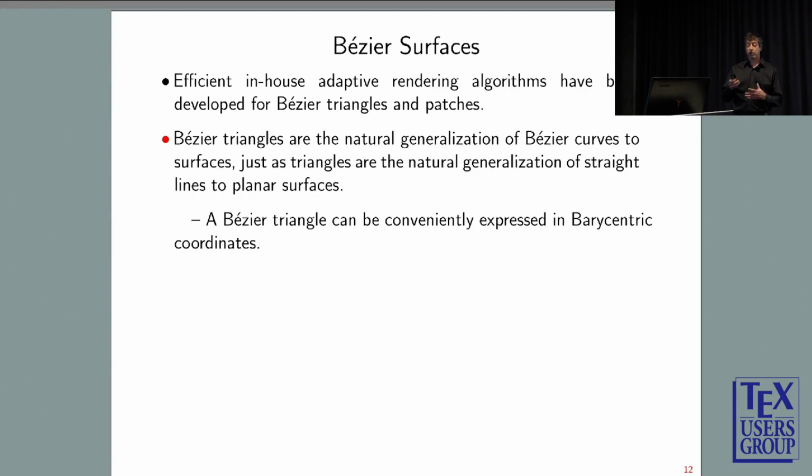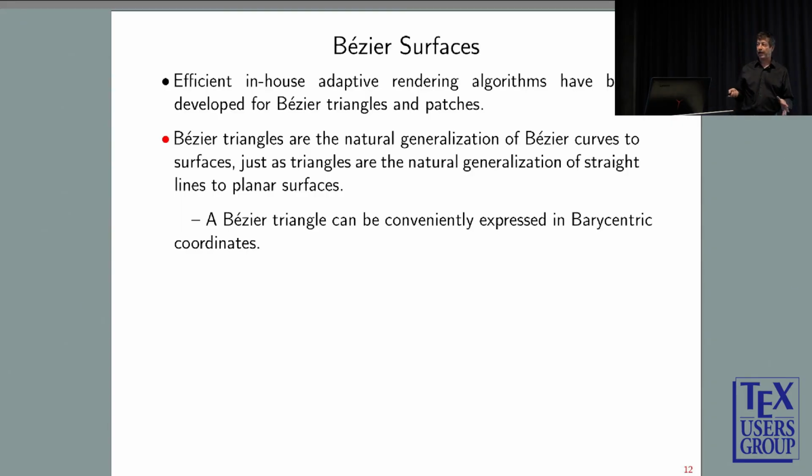The Bezier triangles are curved, and they also have one interior control point that you can use to lift the interior up or down a little bit. So they have a total of 10 control points. A Bezier triangle can be conveniently expressed in barycentric coordinates. By the way, I'm talking about the cubic case here. This is the usual case that's used in computer graphics.